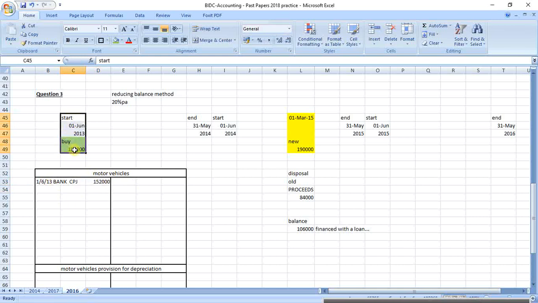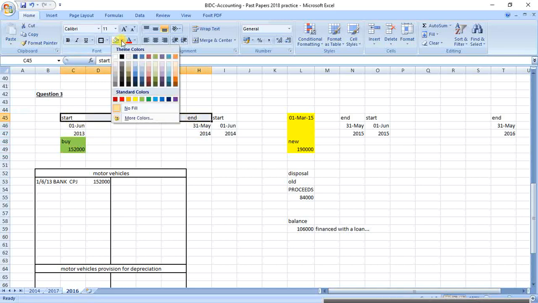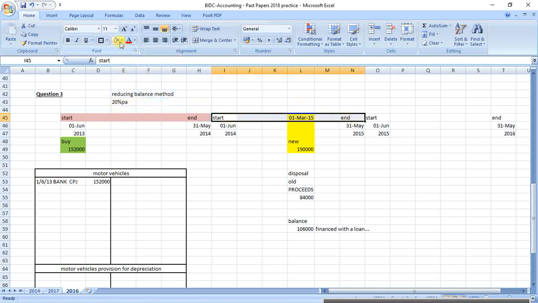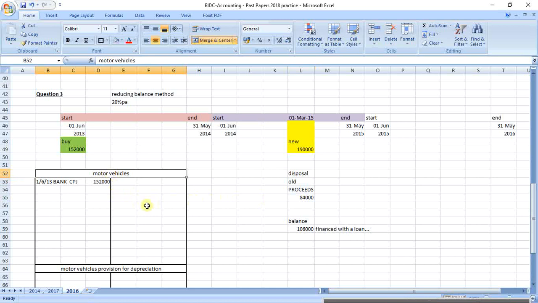I bought here. Right, then that year is ended, so that's the first year. Nothing happened that year. Here's the second year. Something happened that year. Okay, so what happened in this year? Well, on the 1st of March, you bought a new vehicle for 190. Part of it was financed with the loan, part of it was a trade-in. Okay, so if I'm looking at the motor vehicle, I need to record the vehicle that I've purchased.